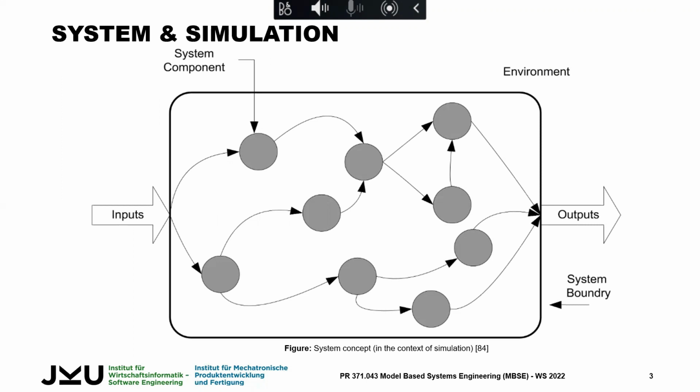Okay, system and simulation. So I think in the first lecture I showed you some kind of diagram like this, the system and the component. Normally, if we consider a system, this system is supposed to have some input and some output.